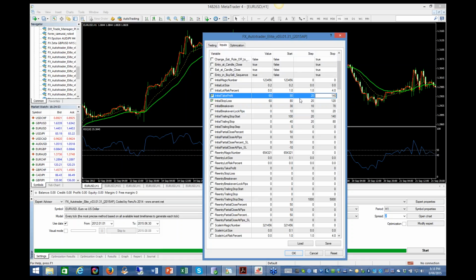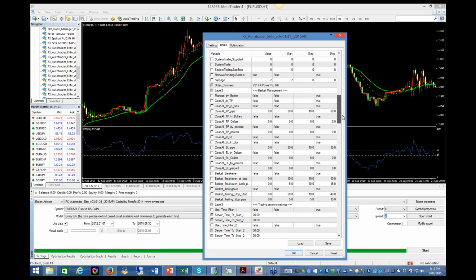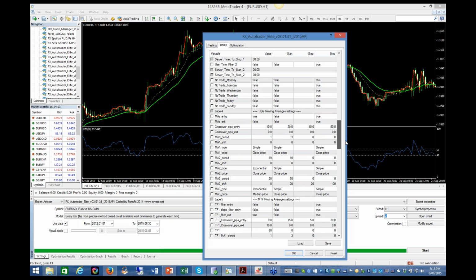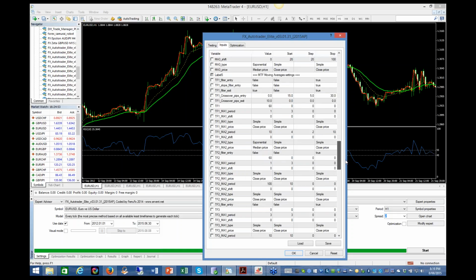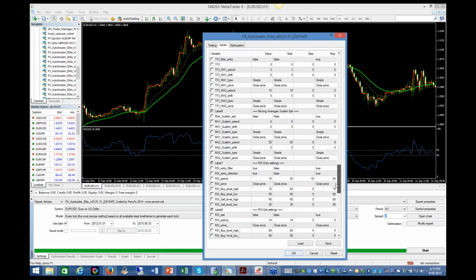So we'll optimize between 80 in steps of 20 to 140 for take profit, and the stop loss we'll have at 80 in steps of 20 to 120. Now we just need to make sure that nothing else is ticked for optimization, and that all looks in order.